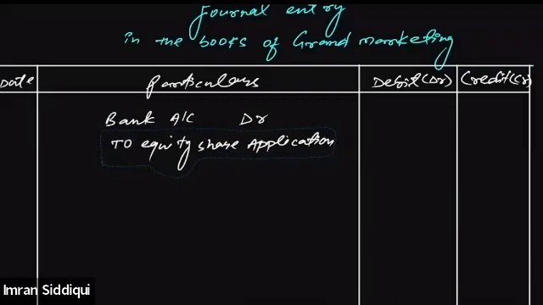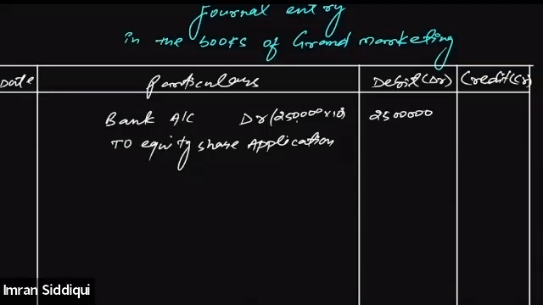And since this is a case of issue of shares at lump sum, the public is going to pay the entire sum of money at the same time. So as soon as the application is made by the public, the company will be receiving 250,000 shares at 10 rupees each. That means the company will be collecting 25 lakh rupees.